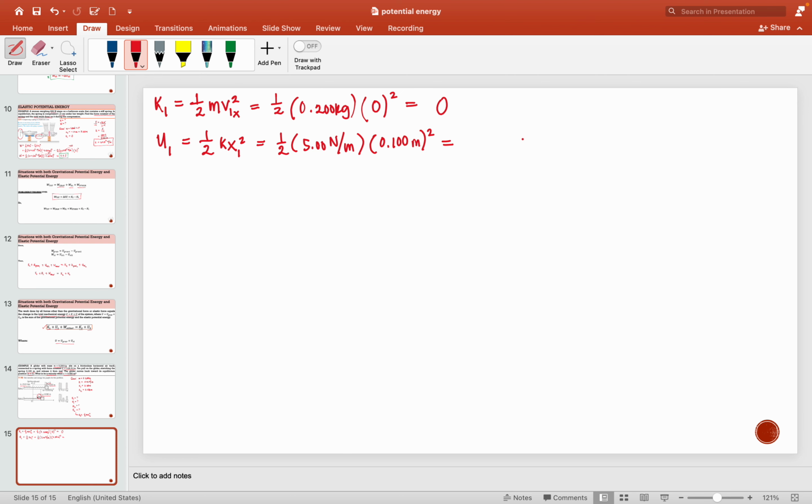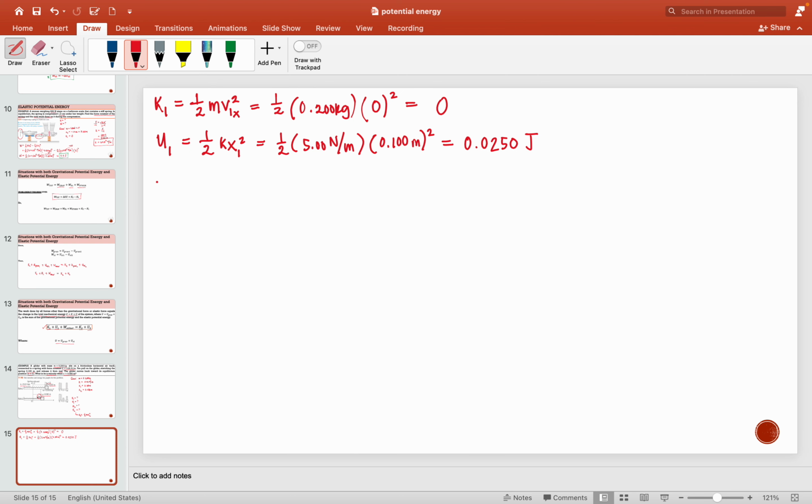Now, if we calculate this one, it is equal to 0.0250, and the unit for energy, both kinetic and potential, is the joule.